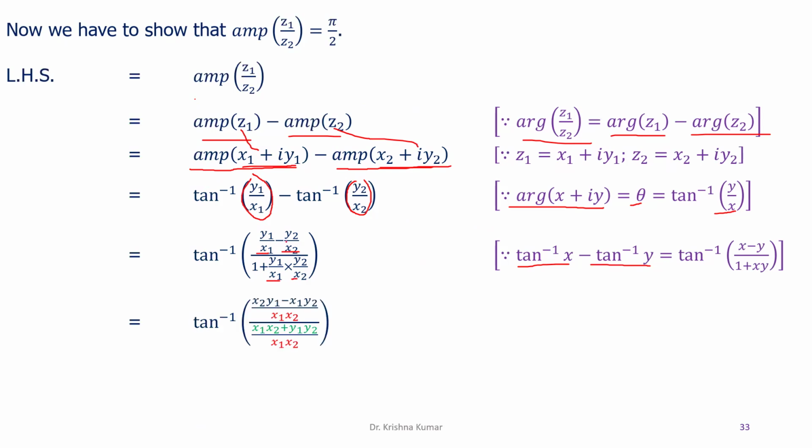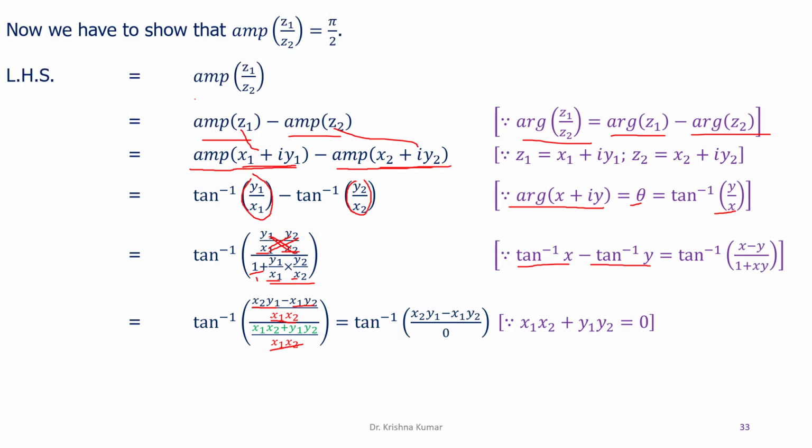Let us again simplify it. The LCM of this is x1x2. So (x2y1 minus x1y2) whole divided by x1x2. Similarly, in the denominator, LCM is x1x2 and this is 1 upon 1. So (x1x2 plus y1y2) upon x1x2.